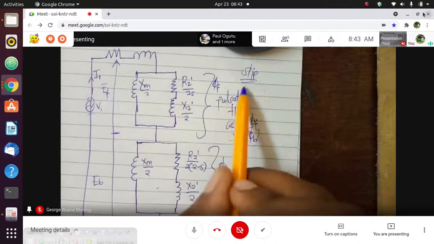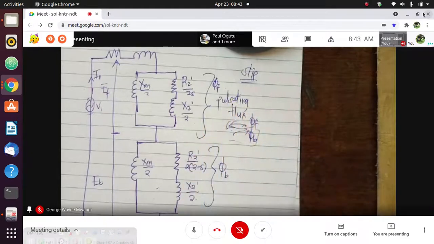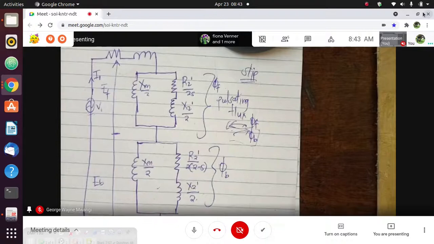And we said the slip is the difference between the synchronous speed and the rotor speed.